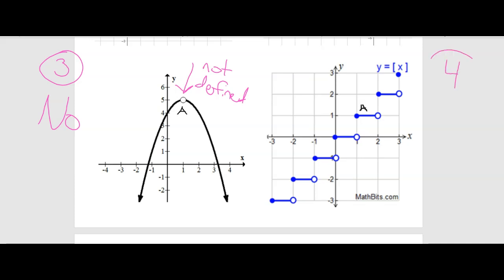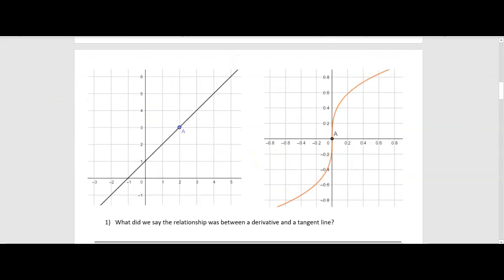For number 4, we were not able to draw a tangent line, again, because the secant lines, as we took the limits of their slopes, they were not approaching the same slope from both sides, so we did not have a tangent line, which means we would not have a derivative either. And if we look at our last two, number 5, we were good, right?